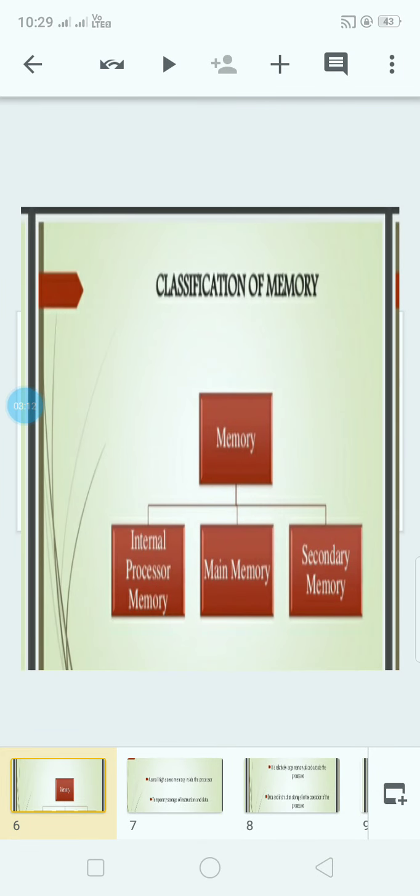Now, classification of memory. Memory is classified into three: internal processor memory, main memory and secondary memory. Just like humans, computers rely a lot on memory. They need to process and store data just like we do.